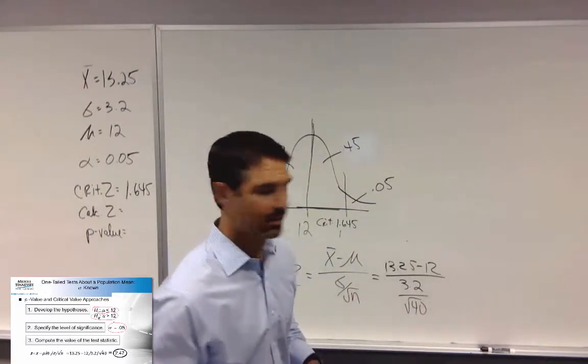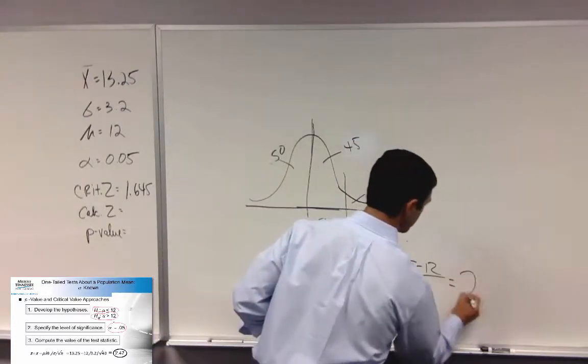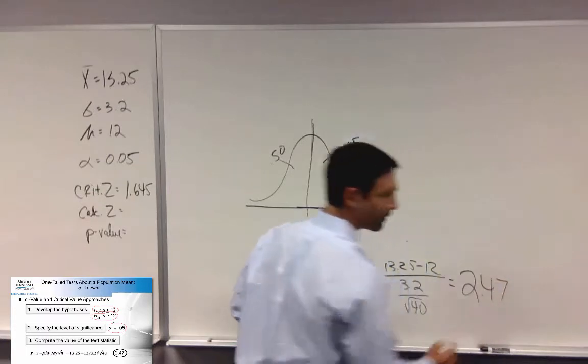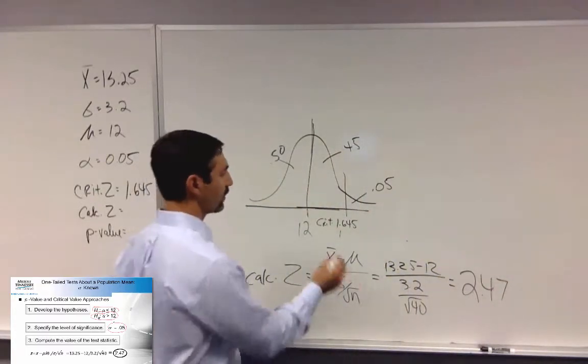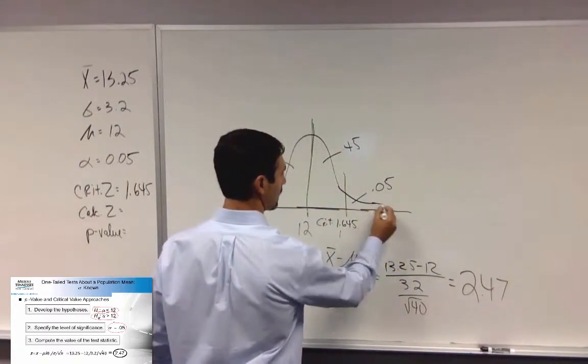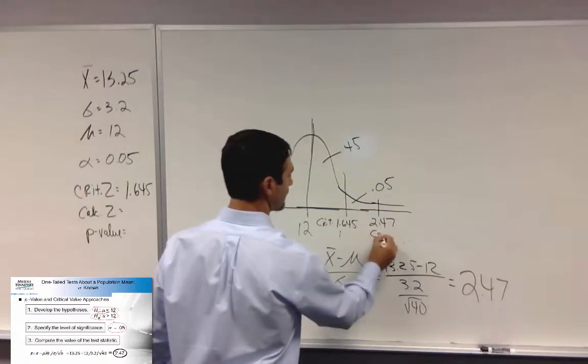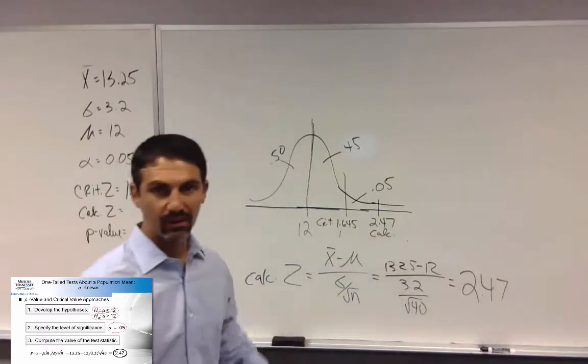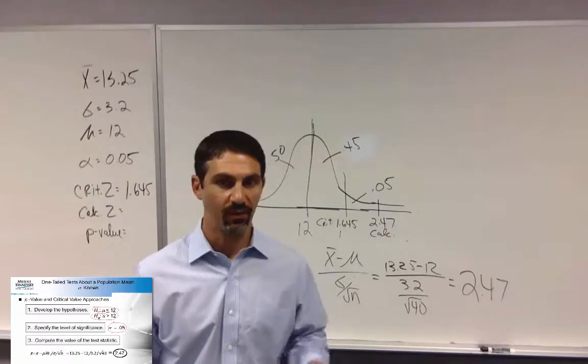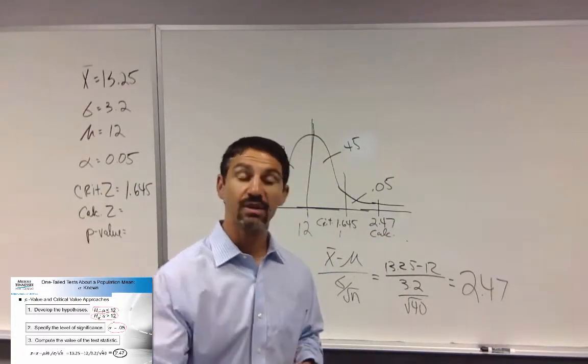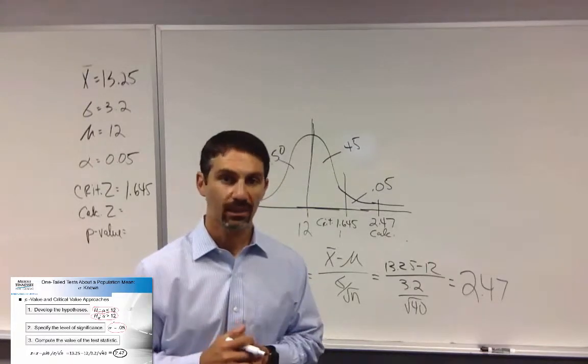I get 2.47. That 2.47 then is, let's say it's right here. That represents my calculated value. And I don't know the p-value for that yet. We can find that. We can either use Excel to do that, or we can look it up in our table.